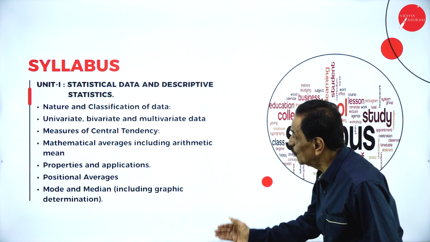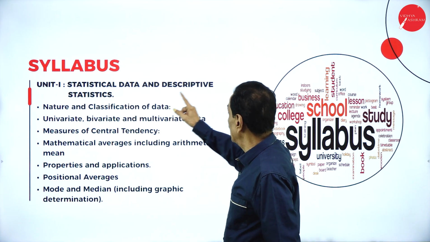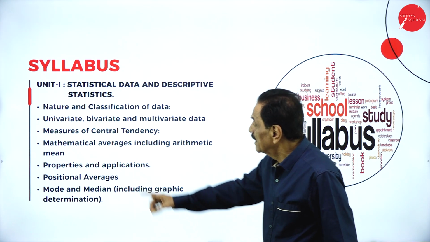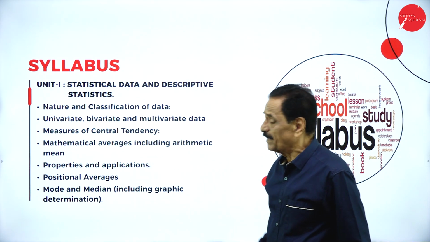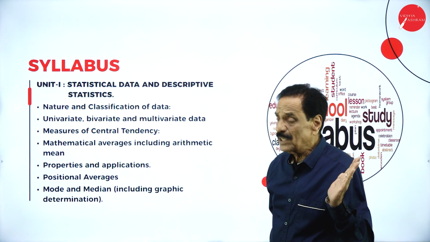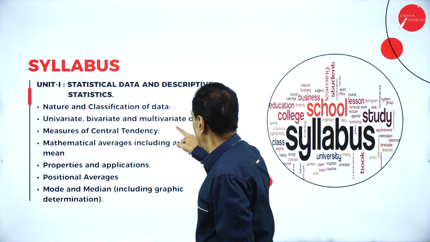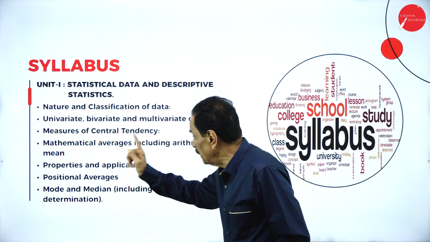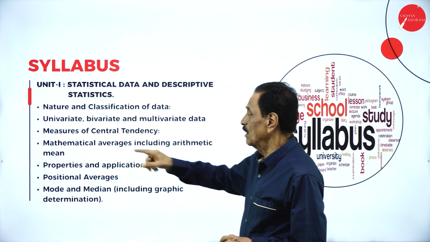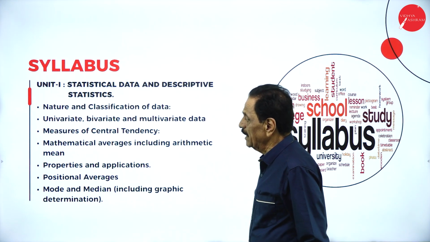So the syllabus goes like this. Unit 1, statistical data and descriptive statistics. Here we are going to explain the nature and classification of data. So what do you mean by data? What are the classifications of data? Then univariate, bivariate and multivariate data, the meaning of this data.